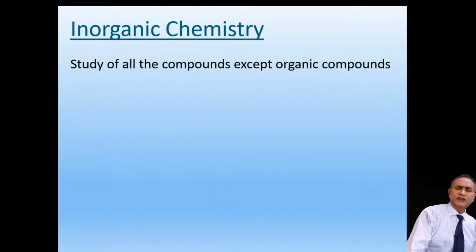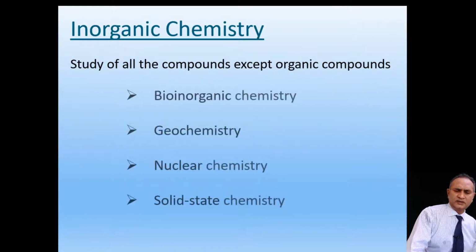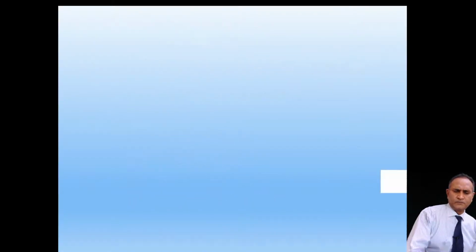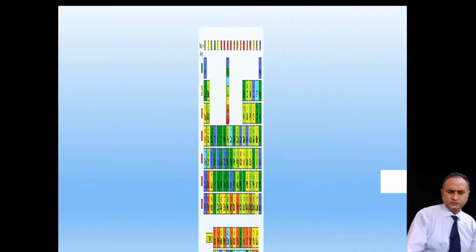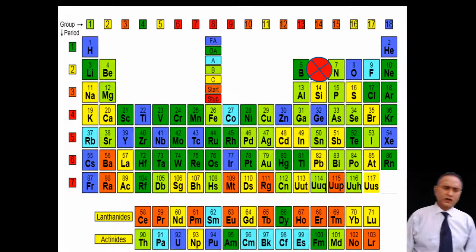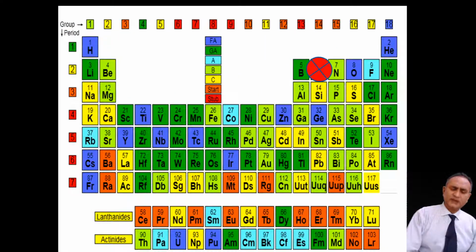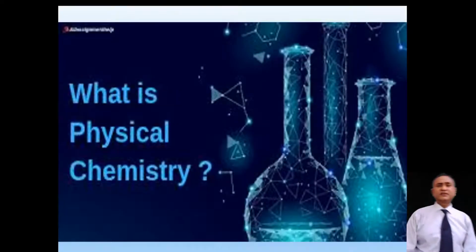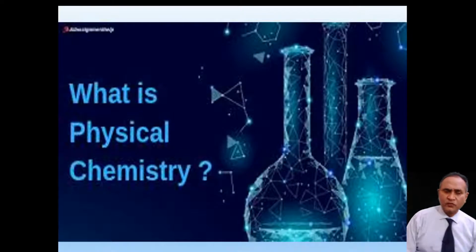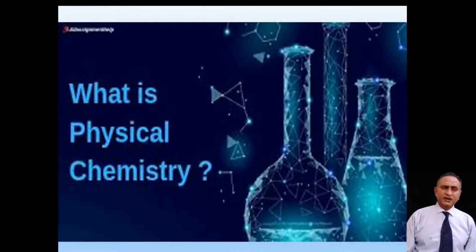Okay, now let's proceed to the next. So, the study of all the compounds except carbon compounds. Carbon I crossed. Now the third one is physical chemistry. What is physical chemistry? When you proceed with a thing, you have to follow certain rules and regulations.